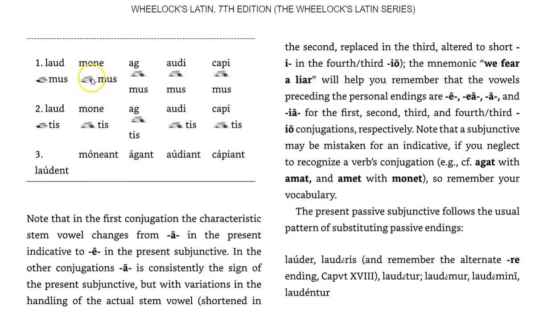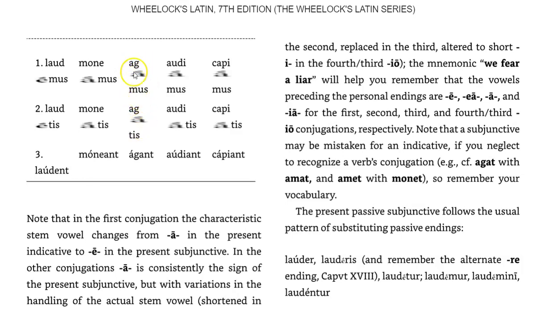So again, the format makes it a little less intuitive, but your book has a clear format on this point. So we have e, then ea, and then a, and then ia, and if we look at that together, there's "we fear a liar." So e is first conjugation subjunctive. ea is second conjugation subjunctive. A is third conjugation subjunctive.